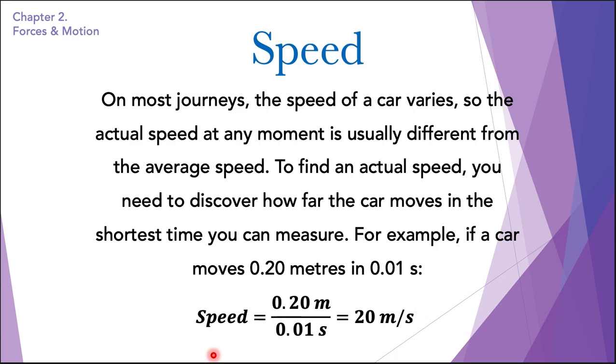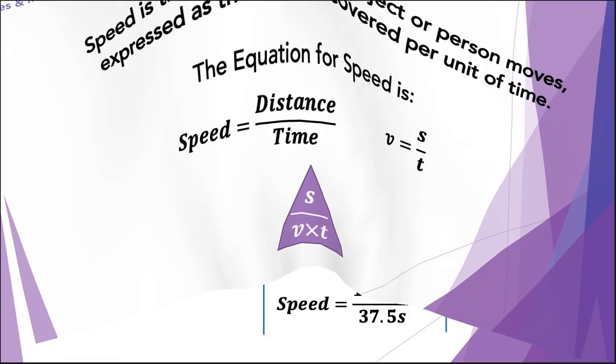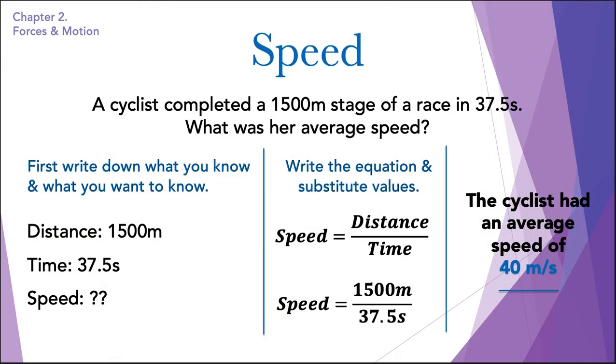So now that we've understood the equation of speed, let's do some questions related to it so that we can understand how we are going to use this equation in questions. So here we have a question. A cyclist completed a 1500 meter stage of a race in 37.5 seconds. What was her average speed?